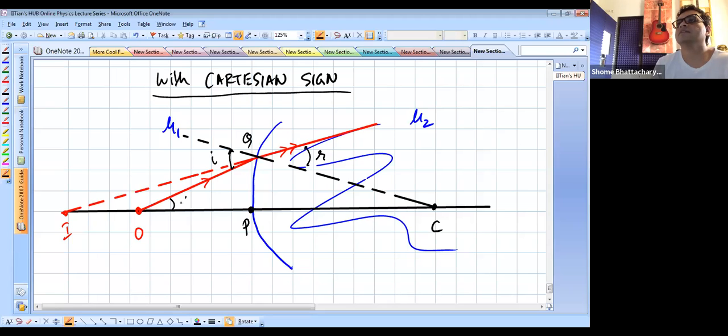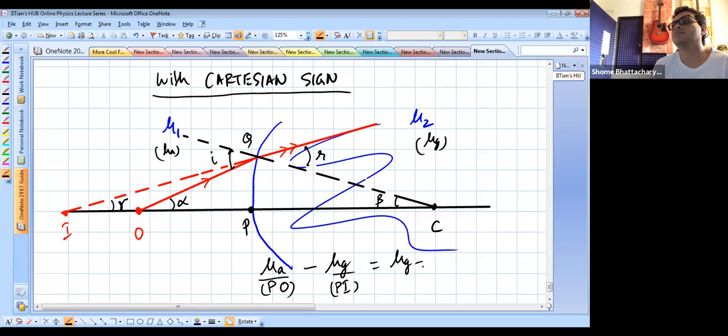And we had labeled these angles as usual as alpha, this one as gamma, this one is beta. And doing all that analysis, we had got the relationship that refractive index of air divided by PO minus refractive index of glass divided by PI was equal to glass minus air refractive index divided by PC.